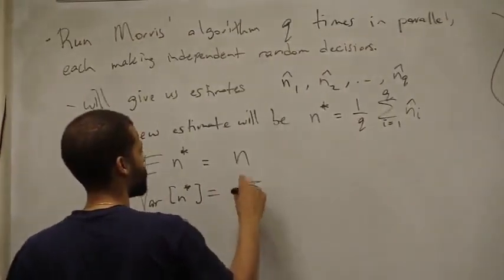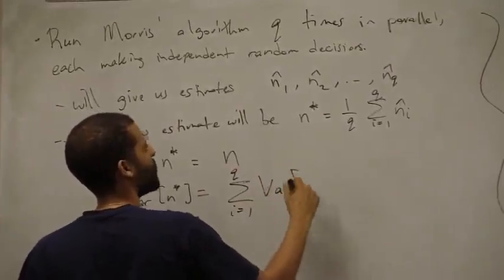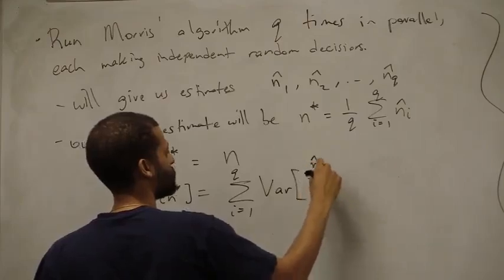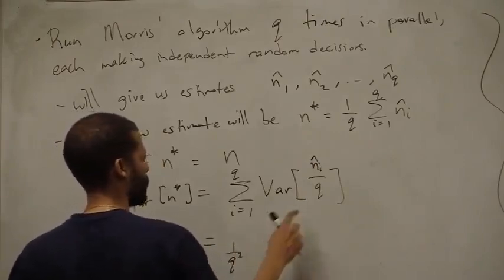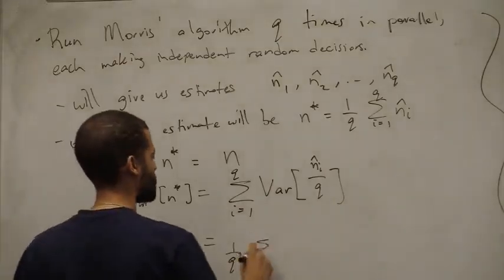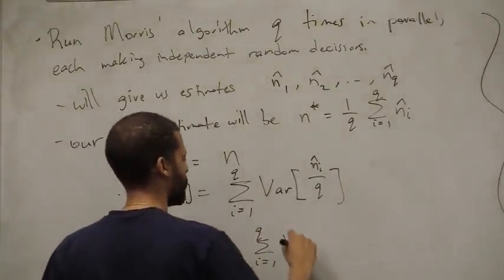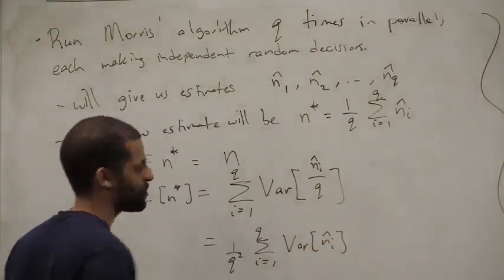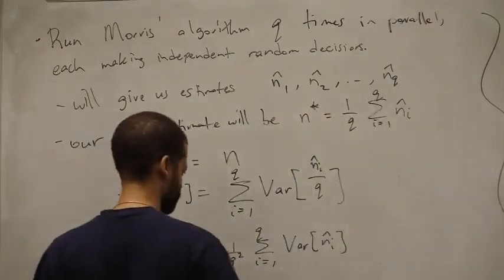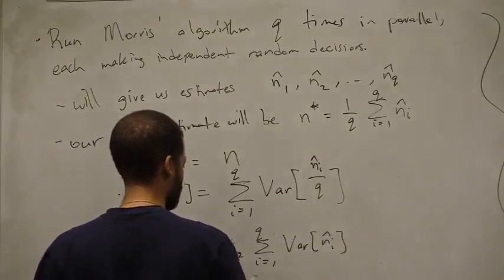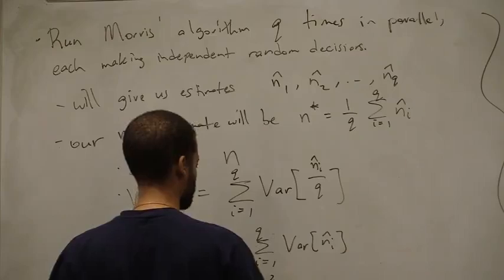So the variance of n star is the sum, i goes from 1 to q, of the variance of ni hat over q, which by fact 2 is 1 over q squared, since you pull out the square of the scalar, times the sum of the variance of ni hat, which we know from last time is at most 1/2 n squared. So that's at most n squared over 2q squared.